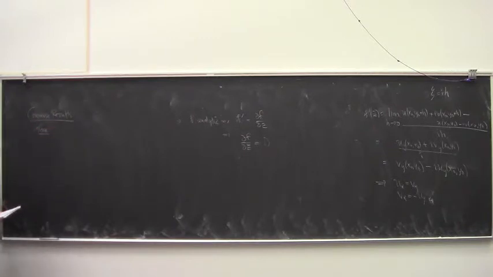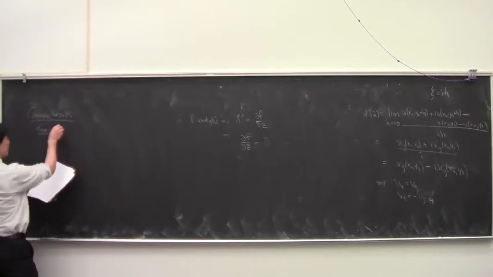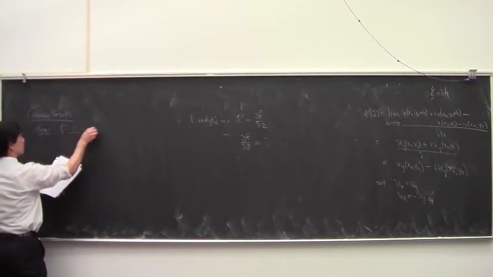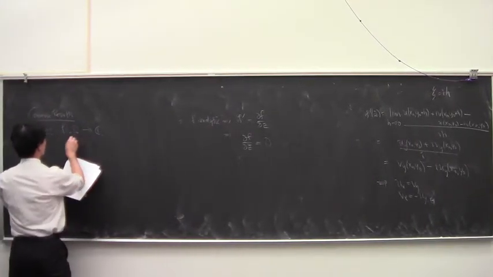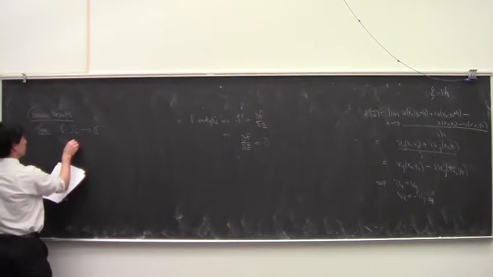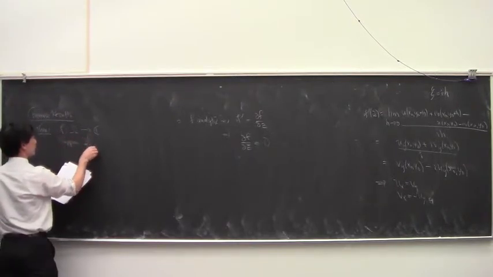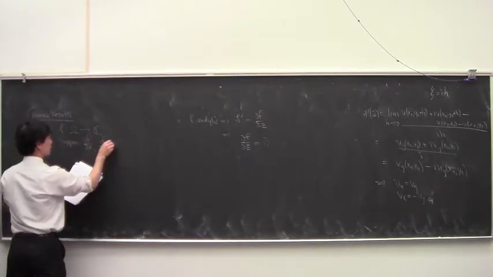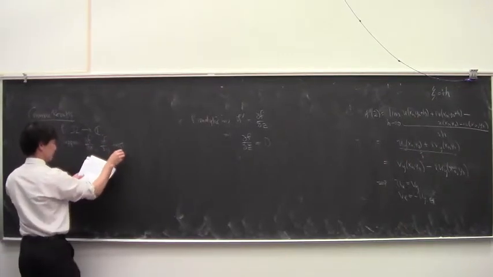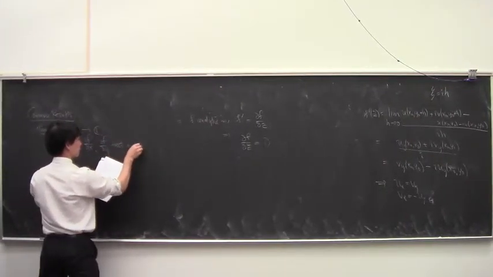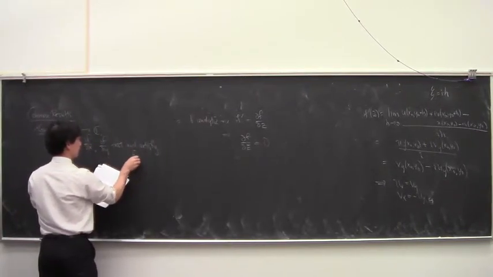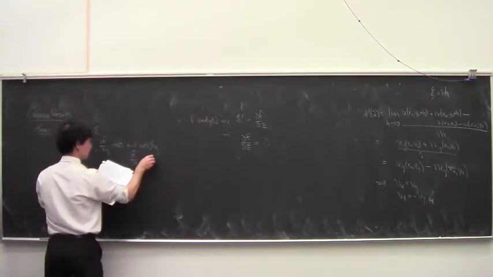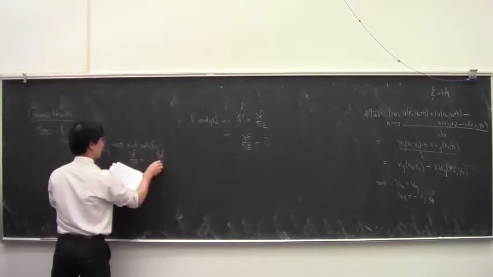This is not the one in the book, but it's similar to it, though the approach is different. Suppose df/dx and df/dy exist and satisfy df/dx equals negative i df/dy.